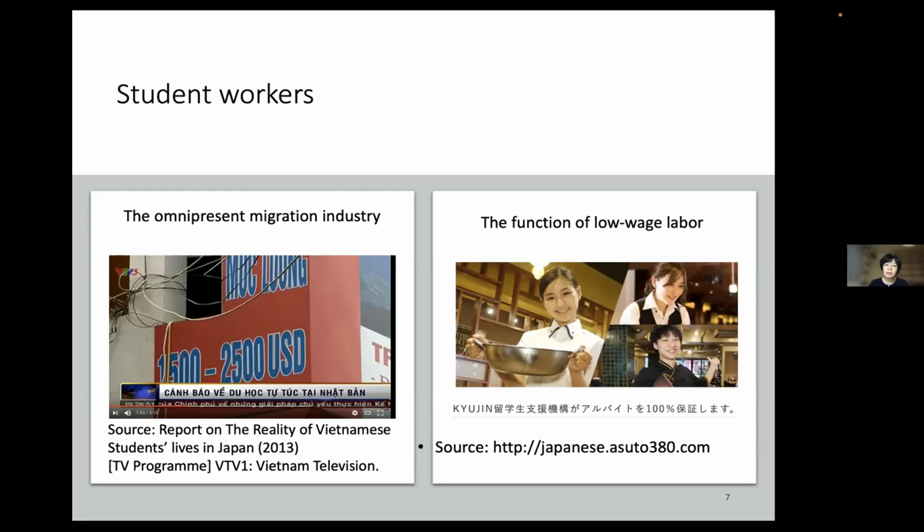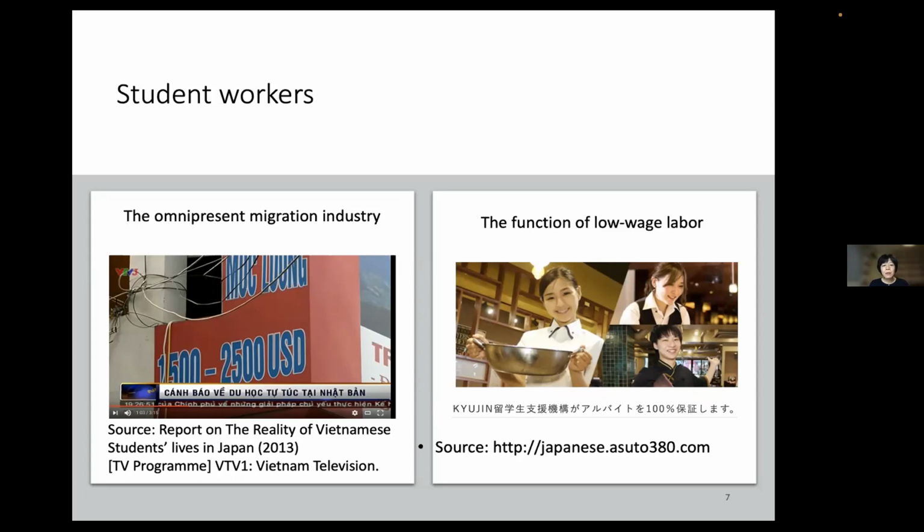That Japanese says 100% part-time jobs guaranteed. And so international students have also been used as low-wage labor. In fact, in Japan's official statistics of foreign labor, international students are counted, and international students occupied nearly a quarter of the foreign labor in Japan's labor market.